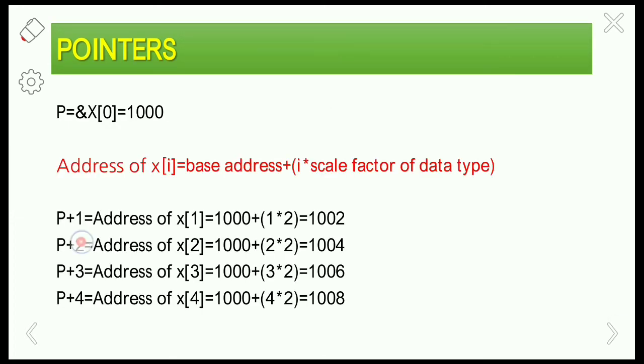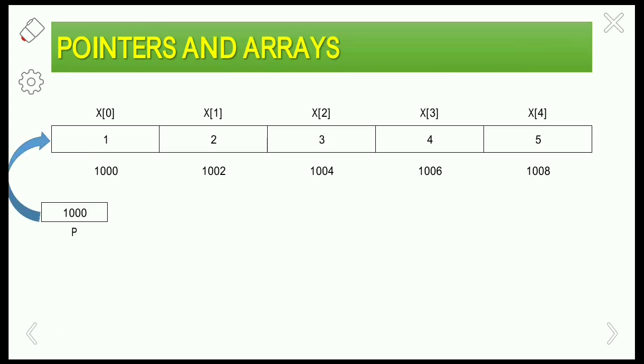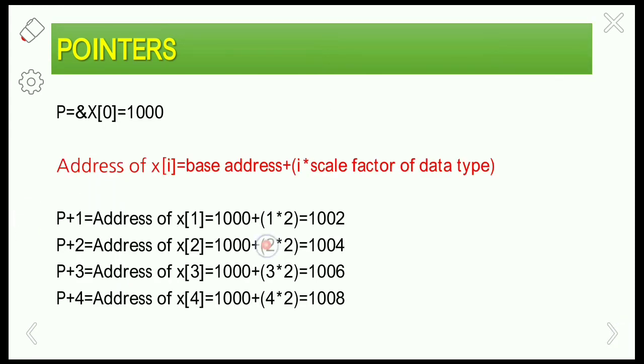So p plus 1 equals address of x[1]. We have to find the value at the x[1] address, equals, so what is the base address here? 1000 for this given array. So 1000 plus 1 into 2, where 1 is the index value, since we need the value at index 1, x[1], and the scale factor of the data type is 2.